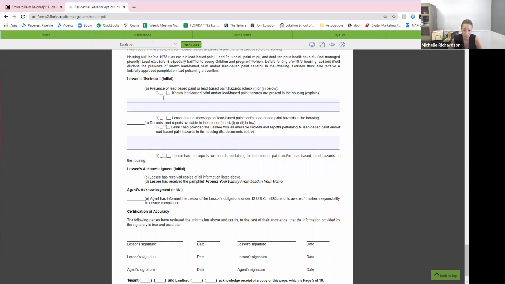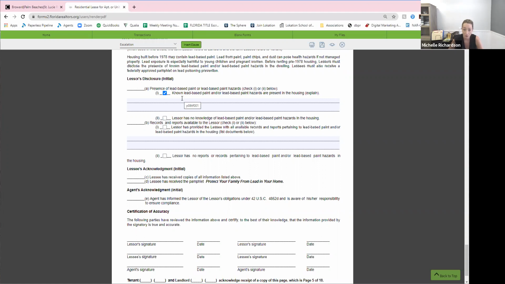I want to make you aware that this is the lessors, the landlord section here. You have a section A and you have a section B. Section A has 2 spots here that you must check off, one or the other. So A1 states that there's known lead-based paint and or lead-based paint hazards are present in the housing.